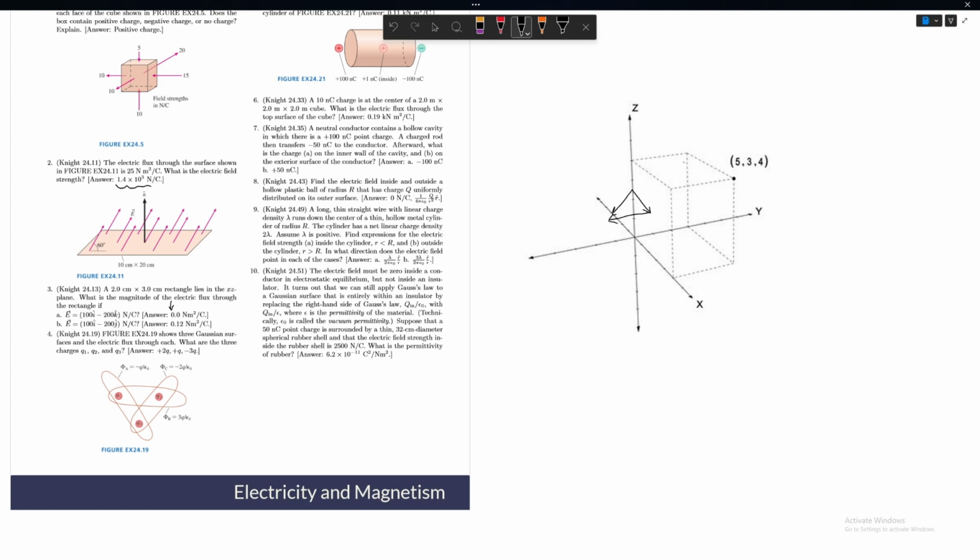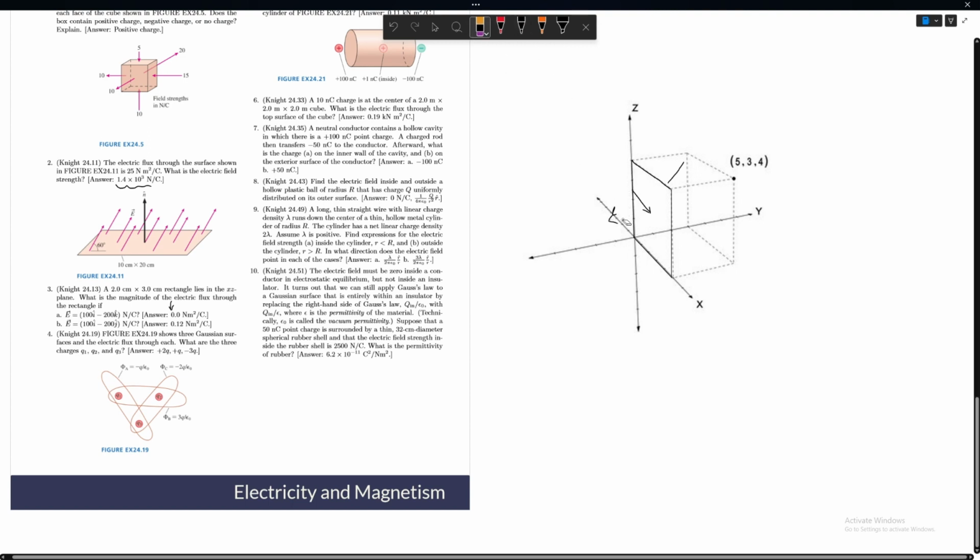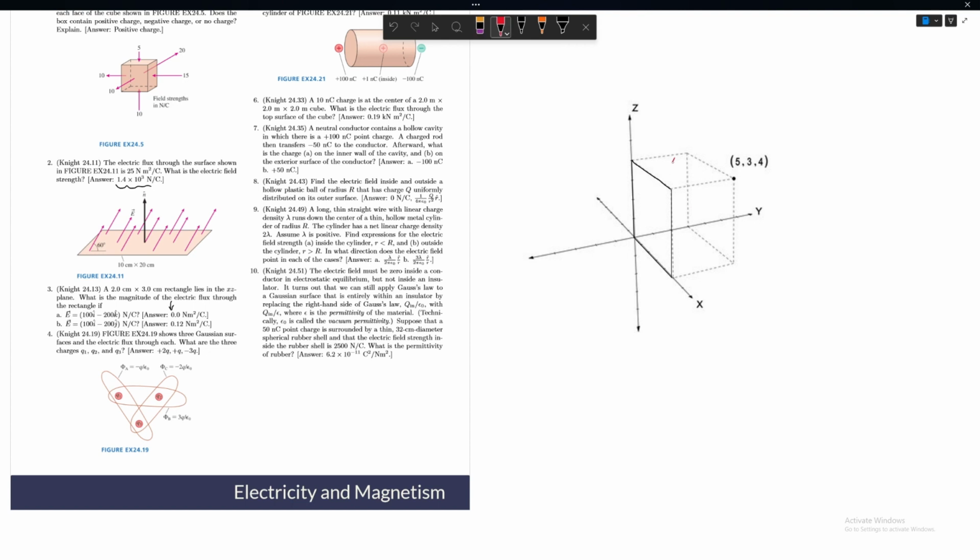And so now I know, if this was my plane, and then my flux, I'm going to change the color of this so you can see it easier. My flux is now coming from here and out from here. How do I know this?